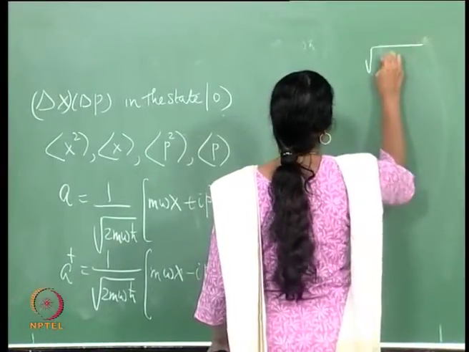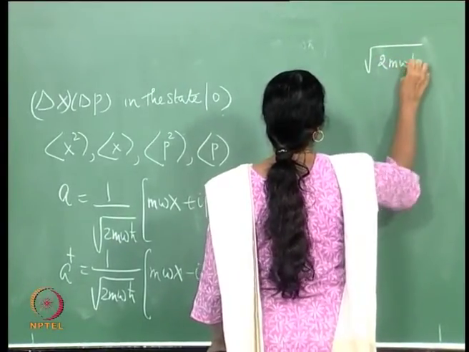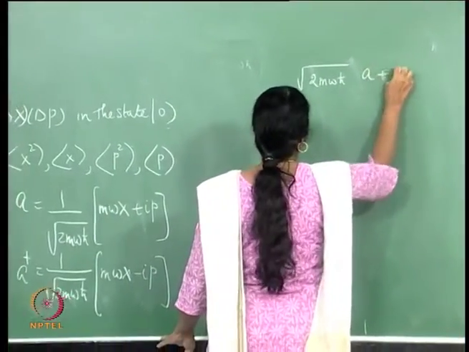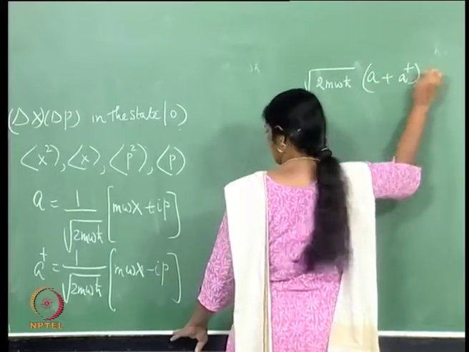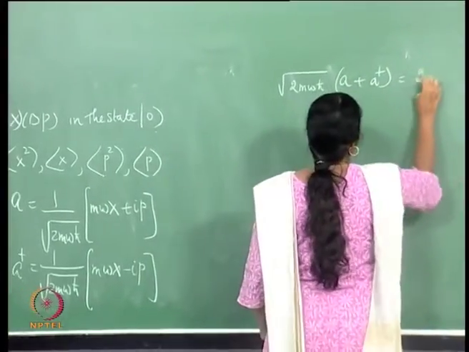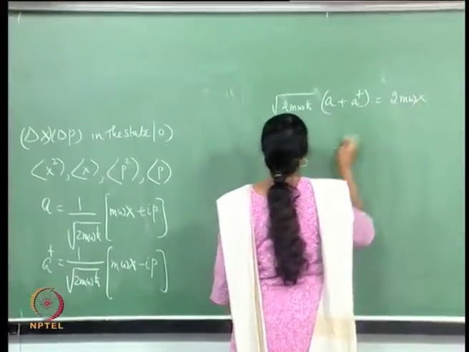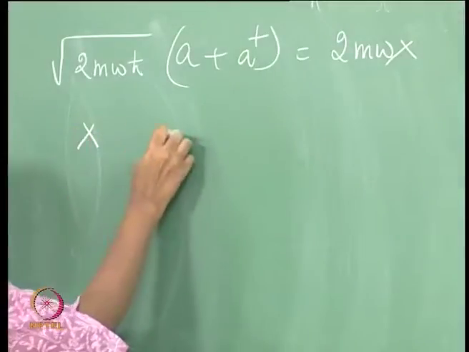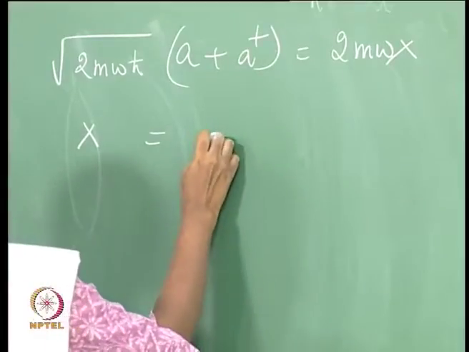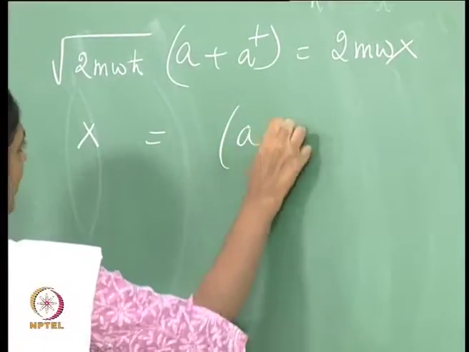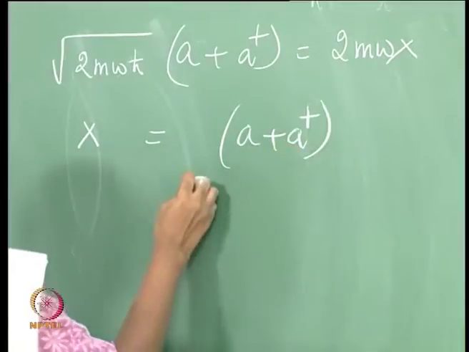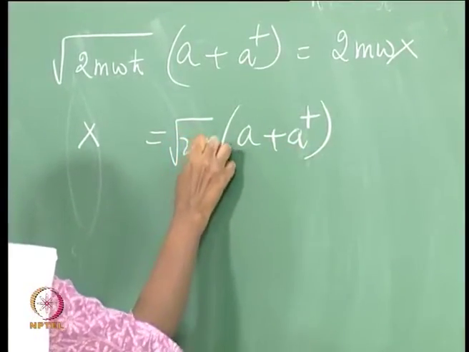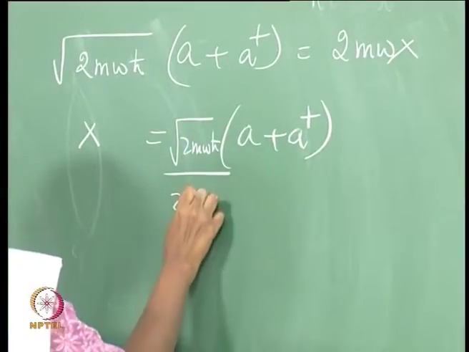Therefore, root of 2 m omega h cross times (A plus A dagger) is 2 m omega x, when I add both of them. So, that tells me that x is equal to (A plus A dagger) root of 2 m omega h cross divided by 2 m omega.